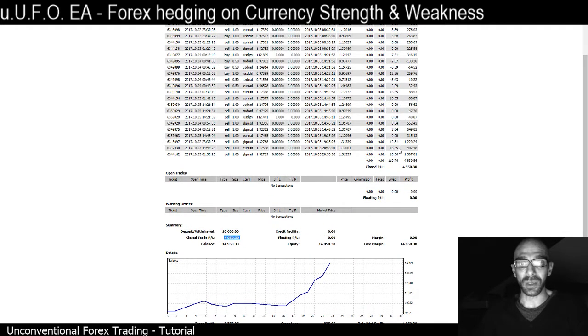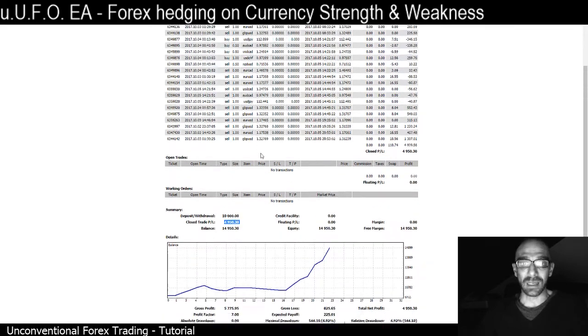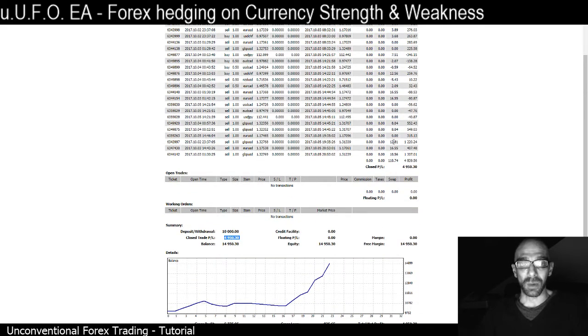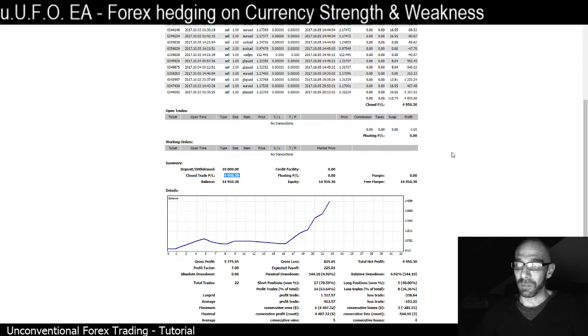had also other trades in GBP, USD and Euro Dollar that were taken for more days with these swap values, and at the end of the week the result was almost 5,000 more, starting on an account of 10,000. Okay, what to say?